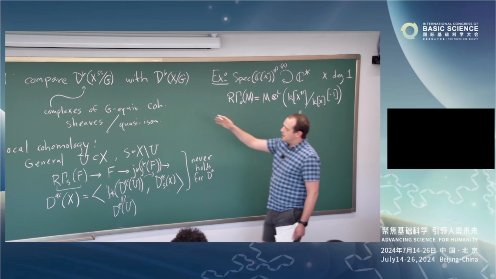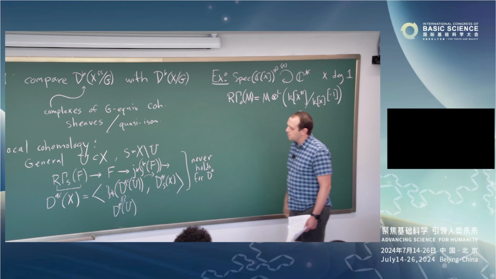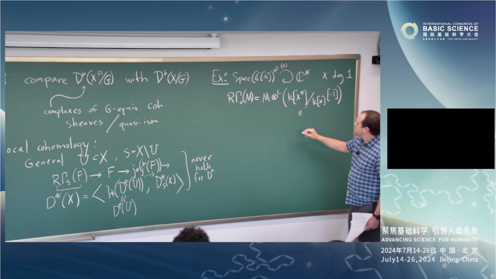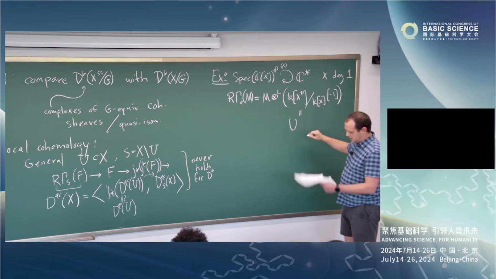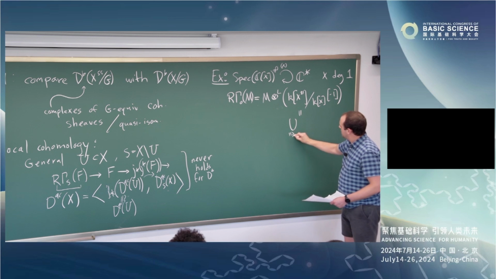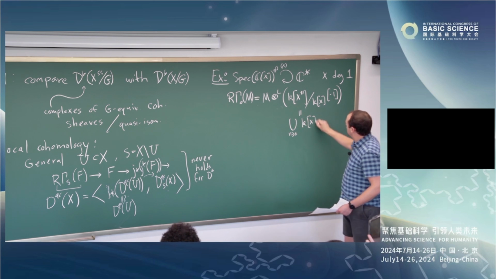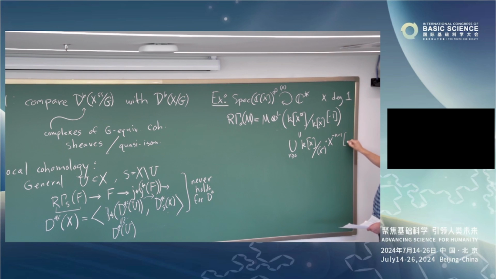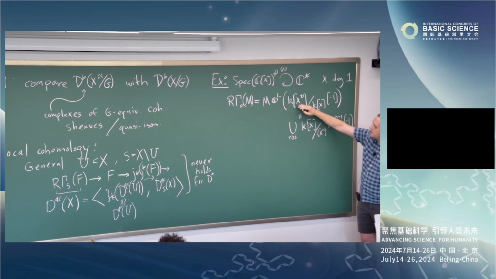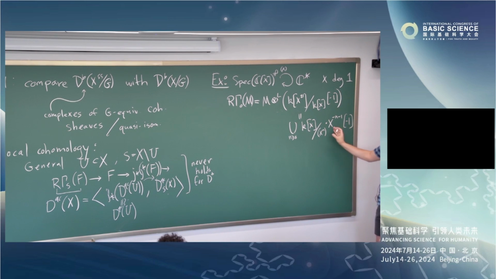So if you want to compare the DB of the semi-stable locus, you're going to need a different approach. So this is unbounded, but it's sort of a union of finite dimensional submodules generated by this element x to the minus n minus 1.